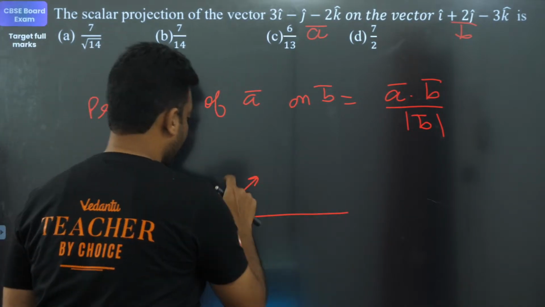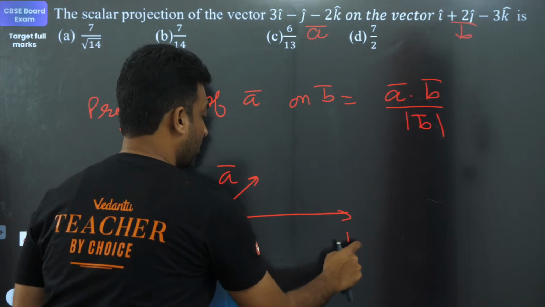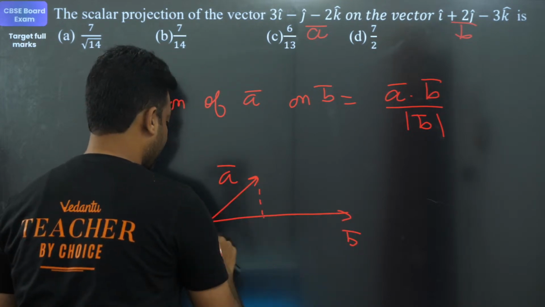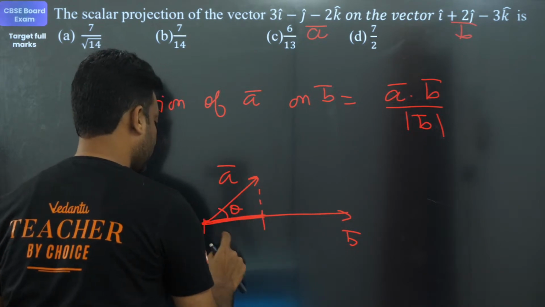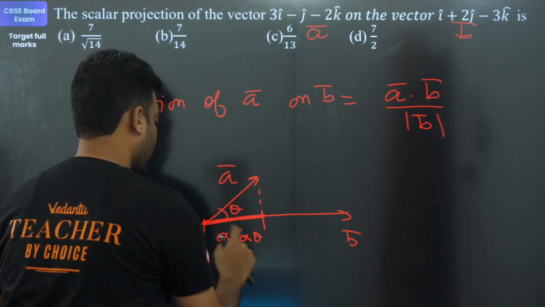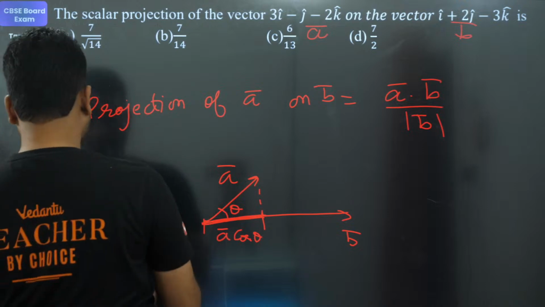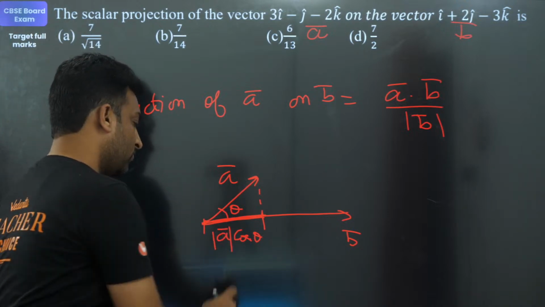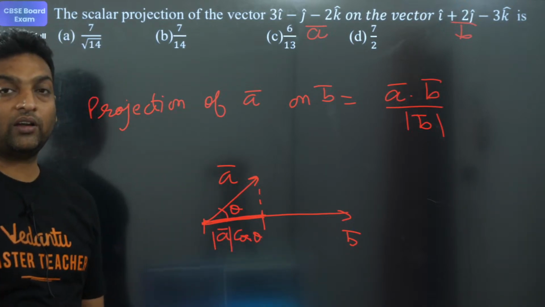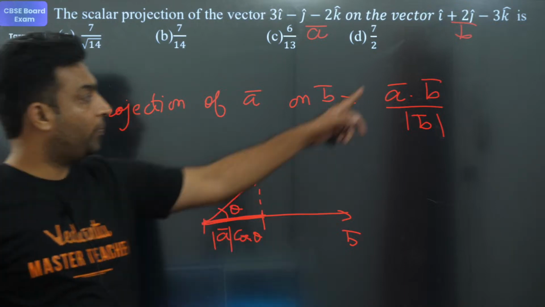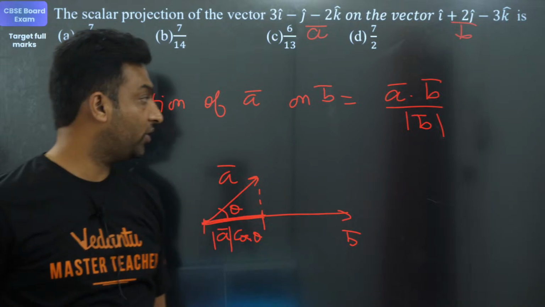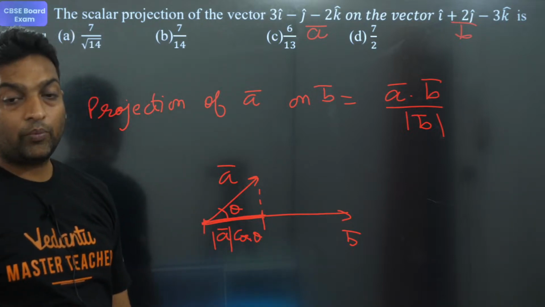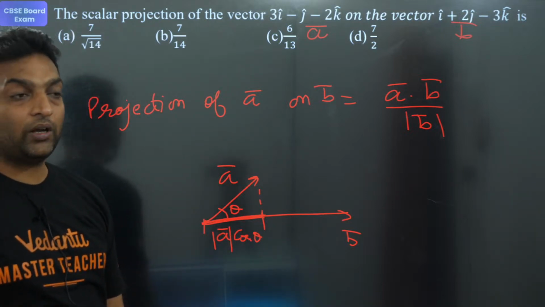This is a, this is b. Projection of a on b means this length. What is this length? a cos theta. How to find a cos theta? a dot b upon mod b, which is mod a mod b cos theta upon mod b. This is a cos theta. So the projection of a on b is a dot b upon mod b.